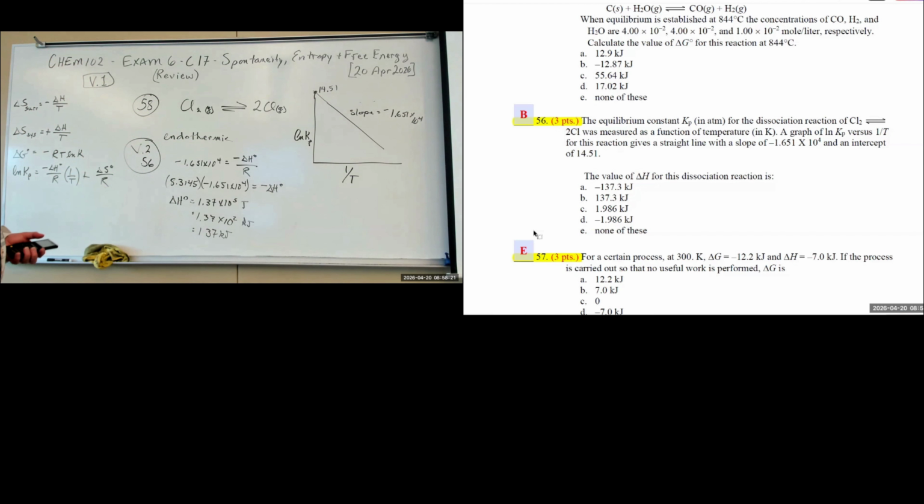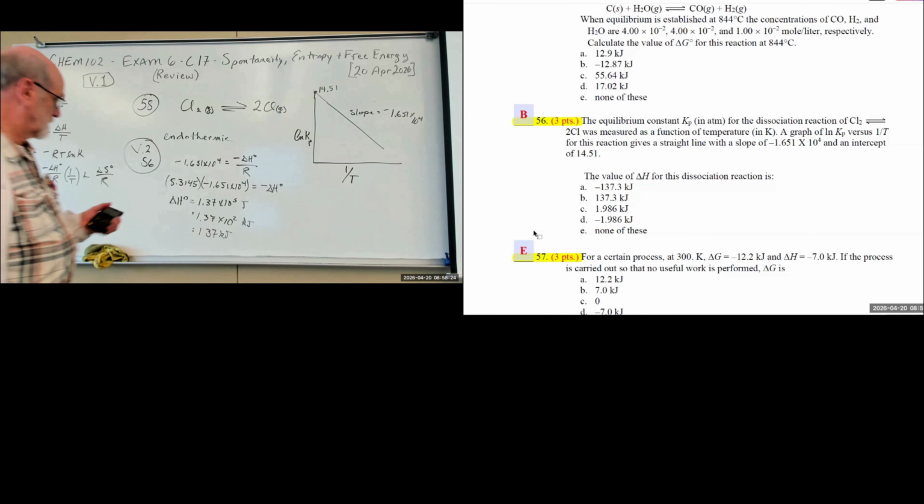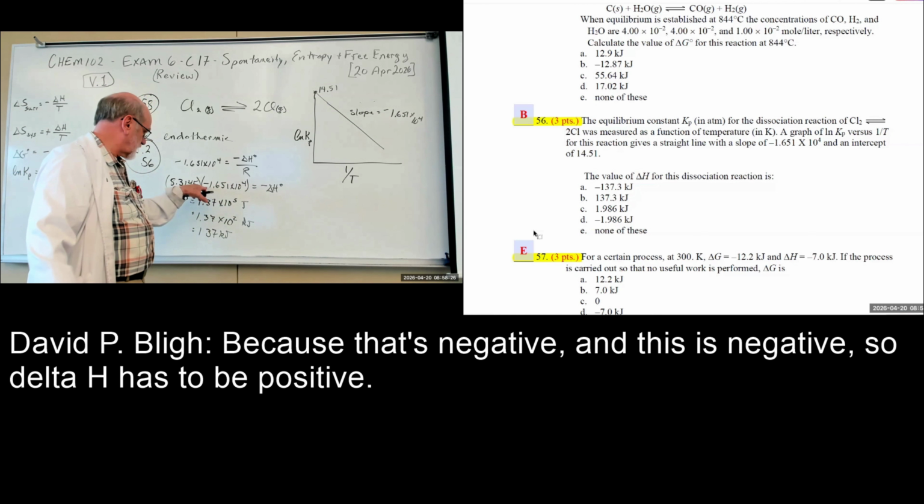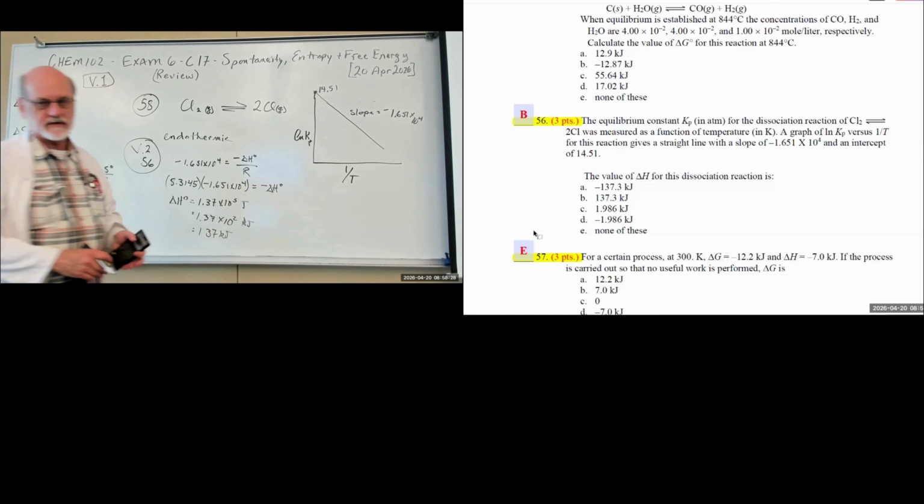Close enough. But it's positive because the slope is negative and this is negative, so delta H has to be positive.